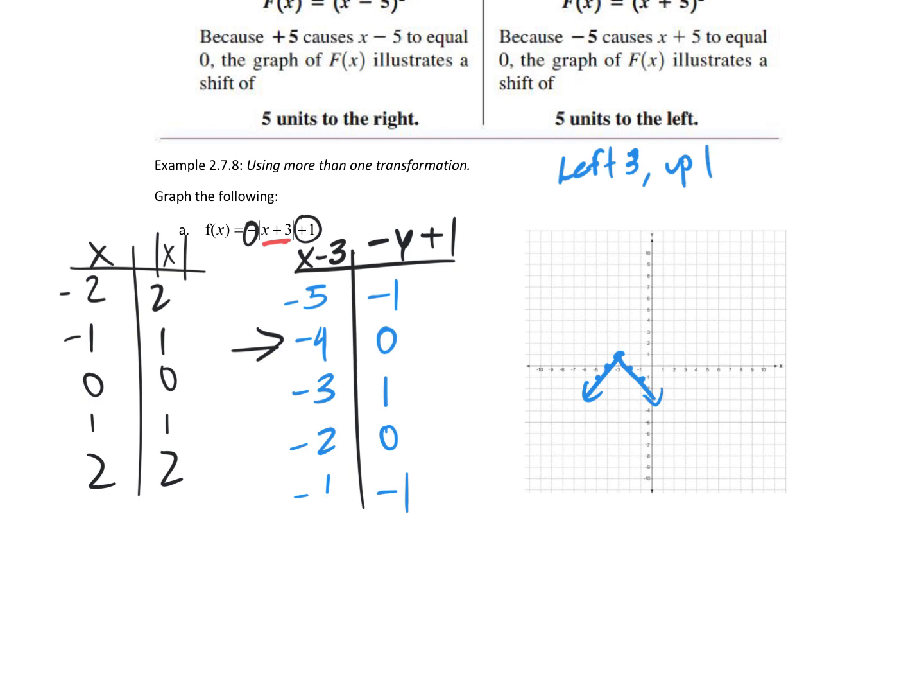These are both translations. And it's been reflected over the x-axis. So you can see there was kind of a lot happening in this, but we just individually apply the transformations to the values, and you'll be able to find your new graph.